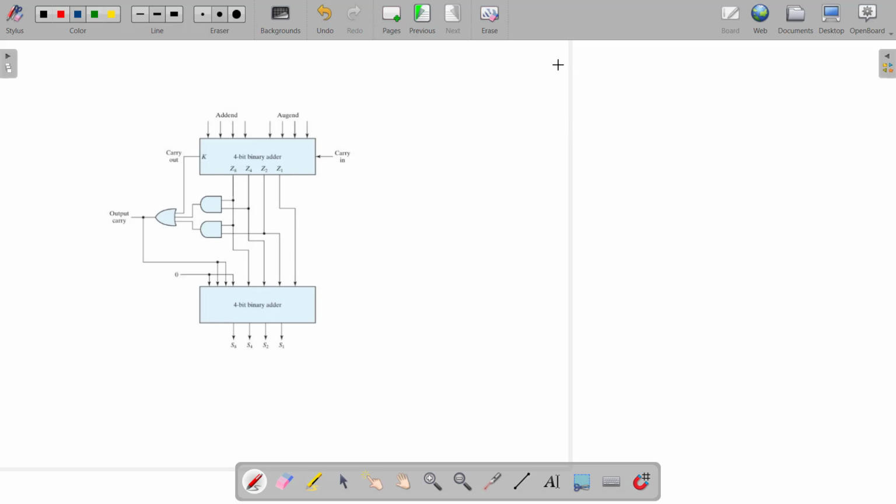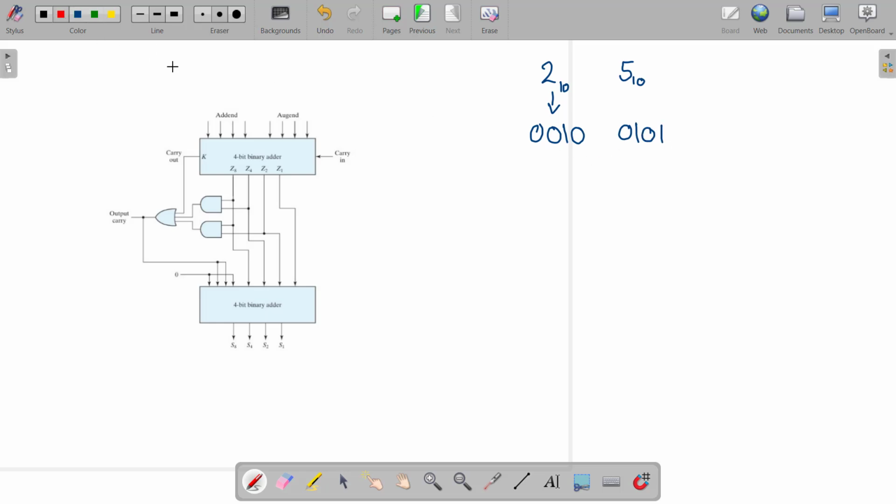Now look at here. Suppose that I have 2, which is written in decimal, and I don't know, 5 written in decimal. I want to write the BCD of these. The BCD of 2 is 0, 0, 1, 0. And the 5 is 0, 1, 0, 1.